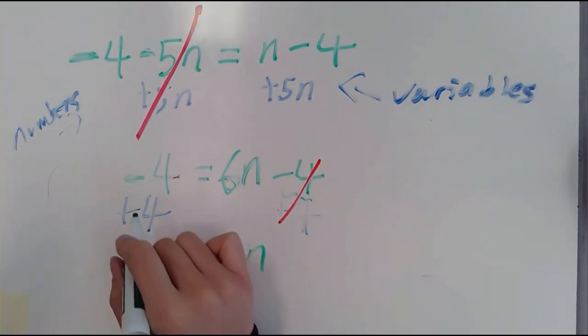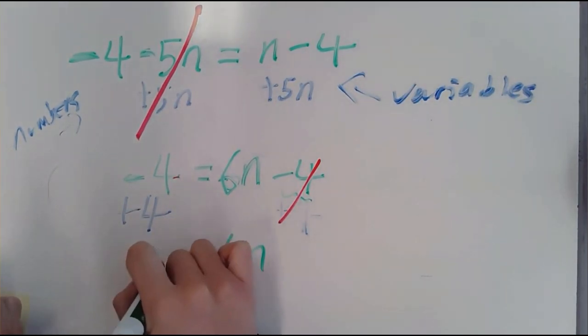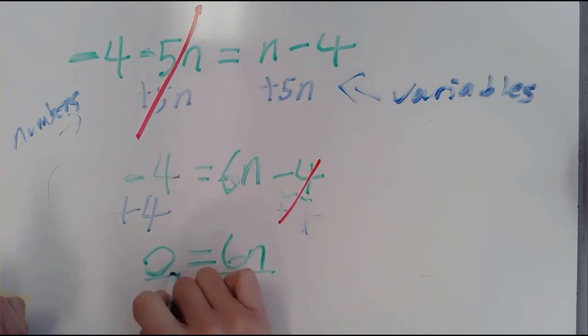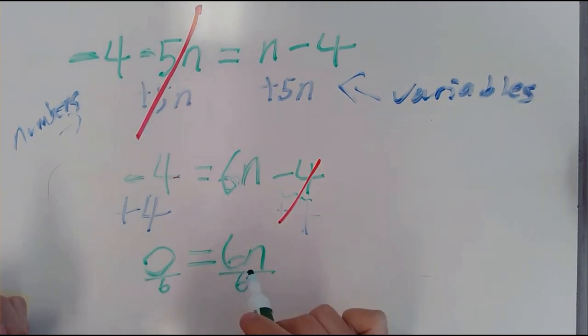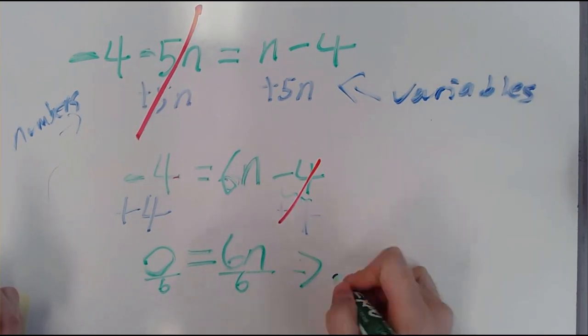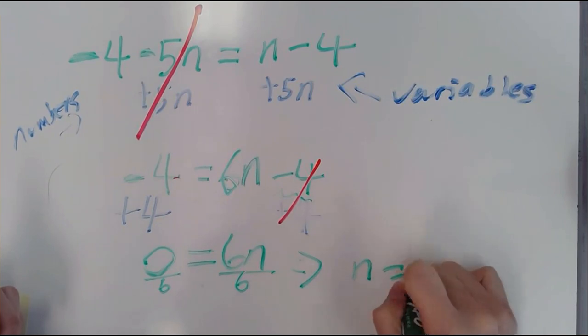And on the left side, minus 4 plus 4 is equal to 0. So now I know that 6n is equal to 0, which means we're going to have to divide both sides by 6, because 6n means 6 times n, and the opposite of 6 times is divide by 6. Therefore, I find that n is equal to 0.